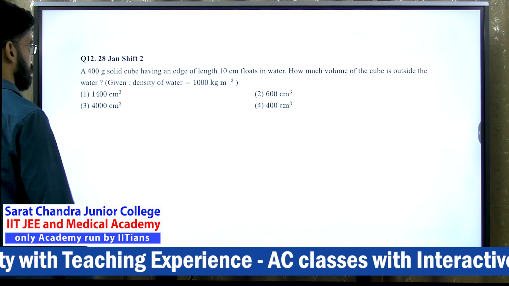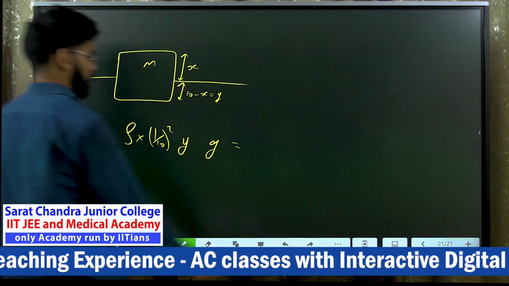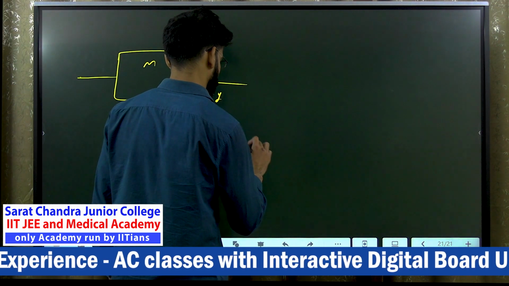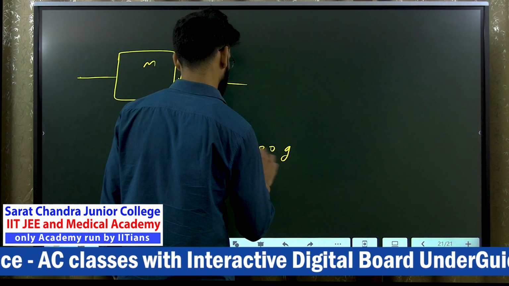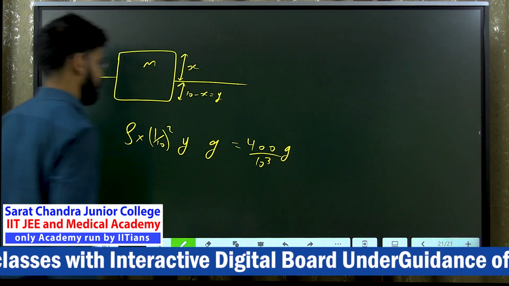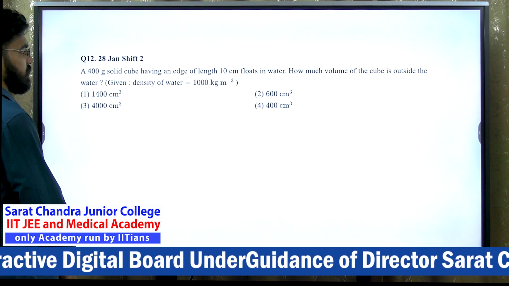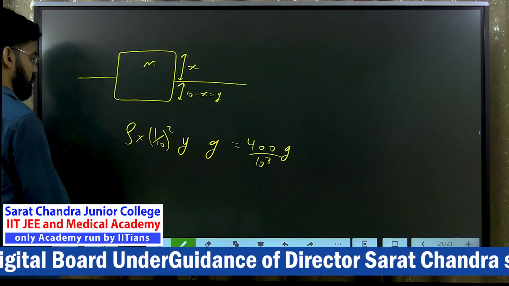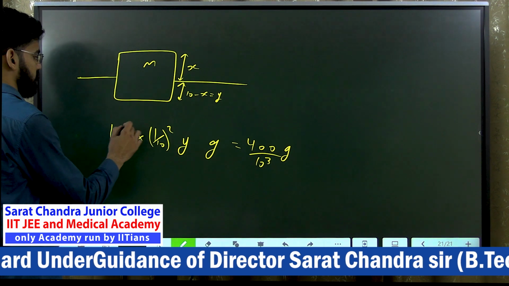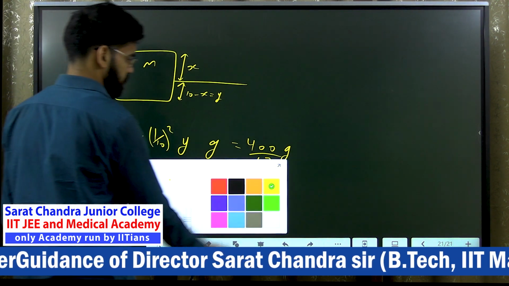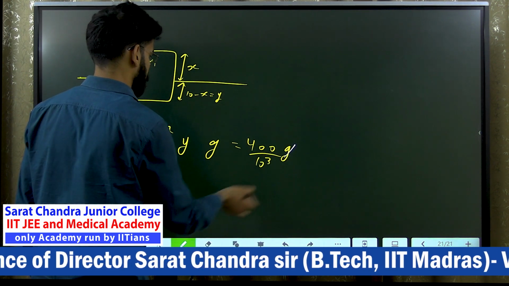So mg is how much? 400 into g, which in kg is 0.4 into g. Everything I will deal in SI units. Density is given as 10 to the power 3. From here, g got cancelled out.